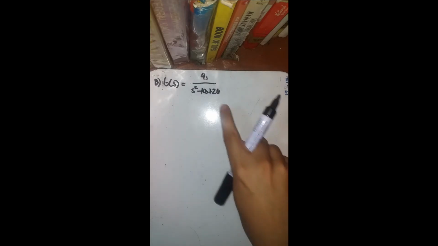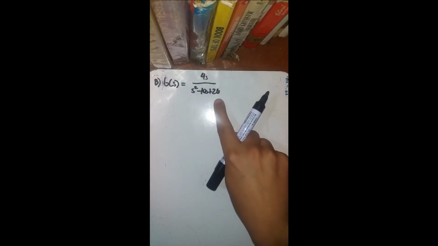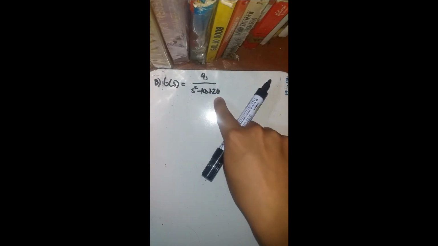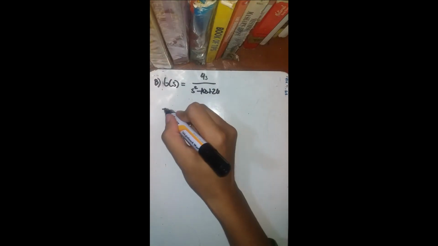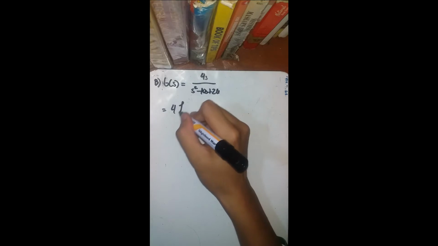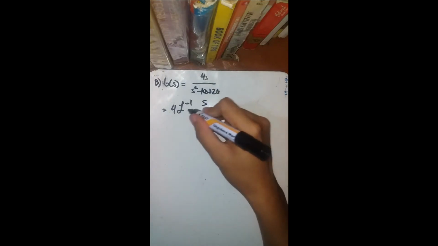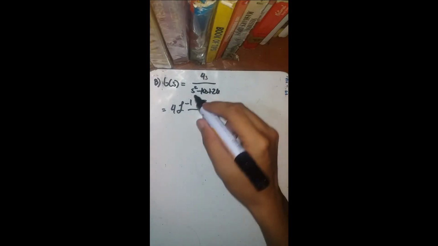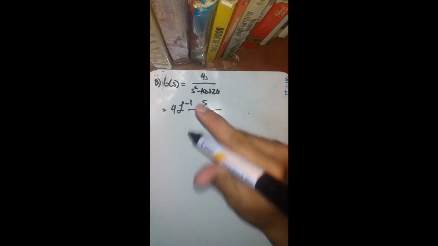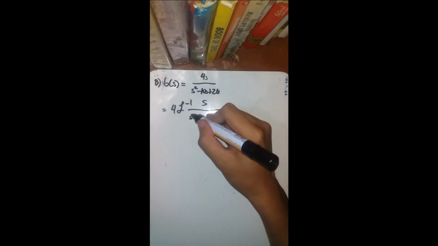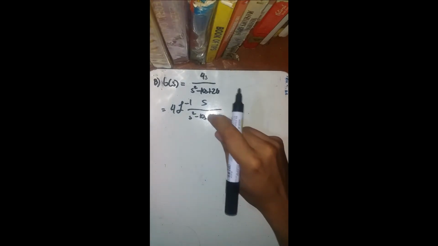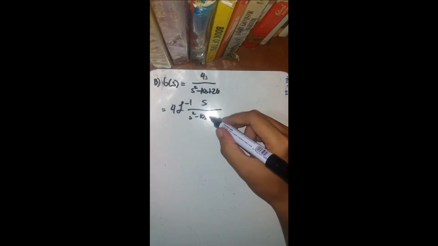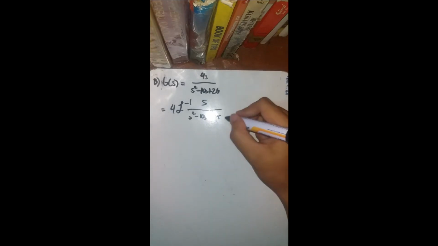Next problem. So let's try to manipulate the denominator, and we can take out here the constant of 4. So 4 inverse Laplace of your s all over, so this we can separate that one, the 26. So s squared minus 10s plus 25 plus 1.